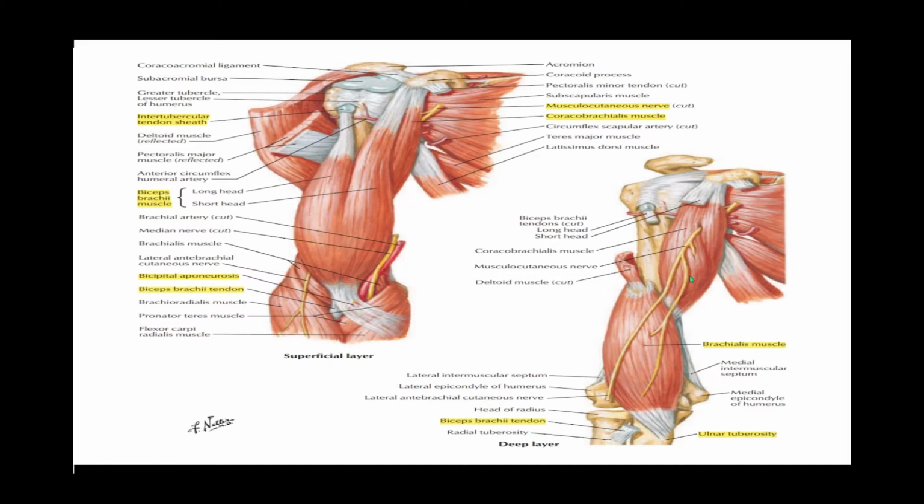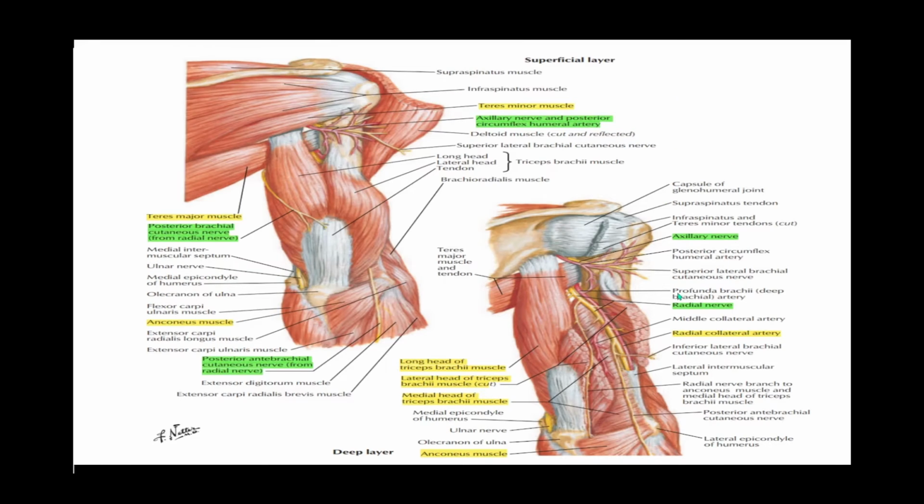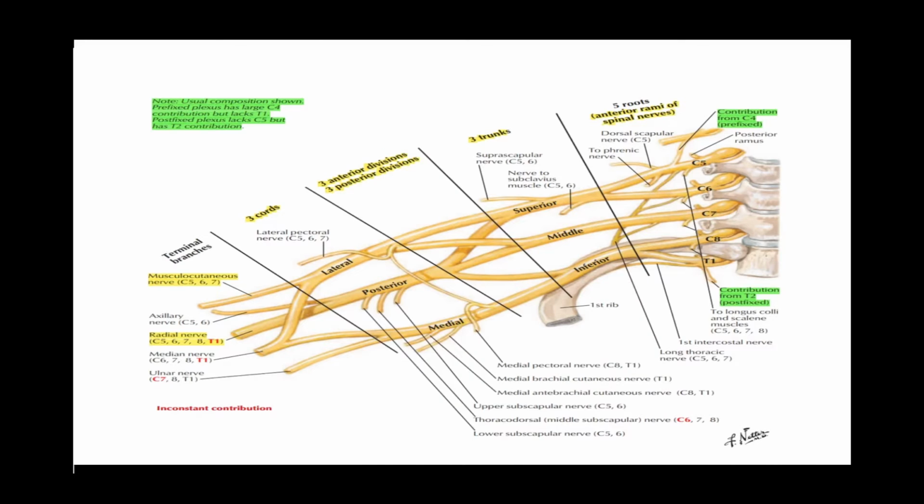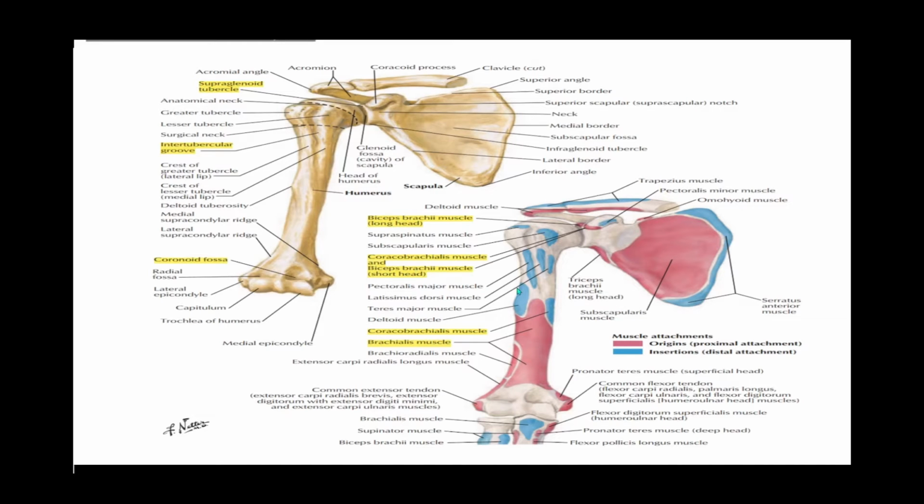Looking at this other muscle here, which is called the coracobrachialis. From the name, coraco means from the coracoid process, and brachialis means arm. So the coracobrachialis is a muscle that comes from the coracoid process, and it's also a muscle of the arm, originating from the tip of the coracoid process. The coracoid process is a part of the scapula. If we look there, we can see where the coracobrachialis muscle inserts.